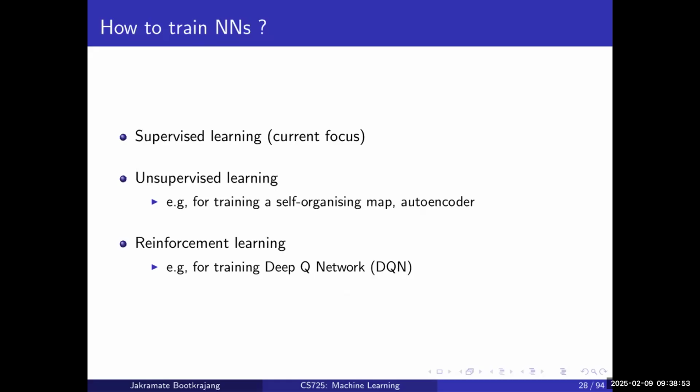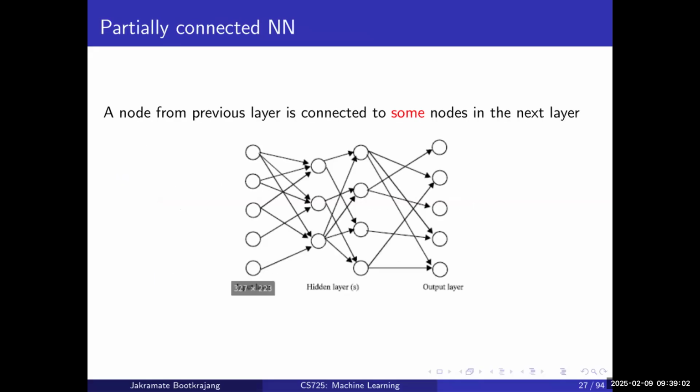Our question becomes, how would you train the neural network? So remember, in a neural network, we have parameters as weights, right? And you want to train all of the weights in here, right?